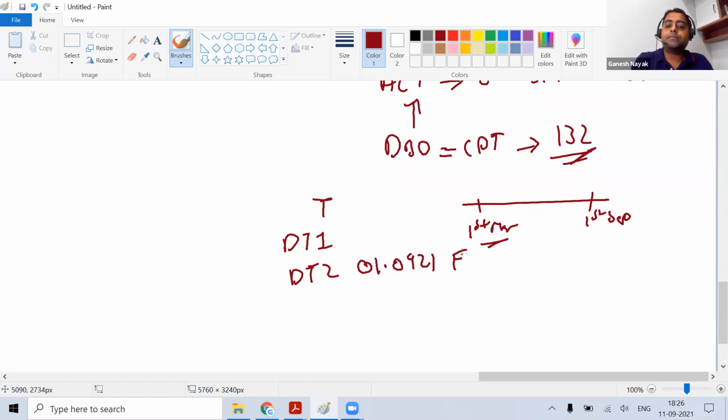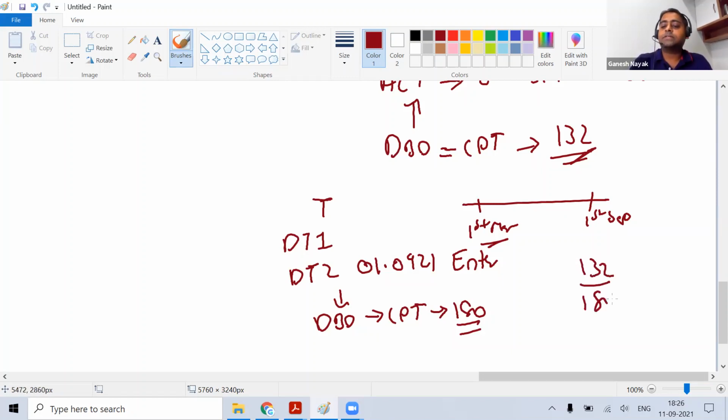Okay. Enter. Down, reach DBD. See, again, you don't have to change 360. DBD and compute. What is the answer? Are we getting 180 over there? Yes.